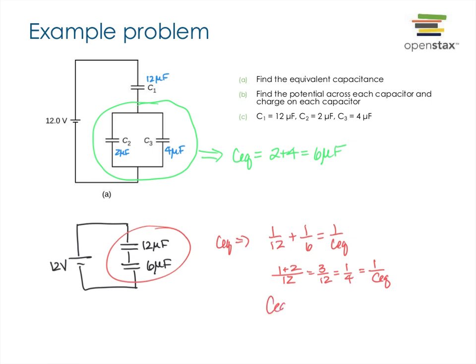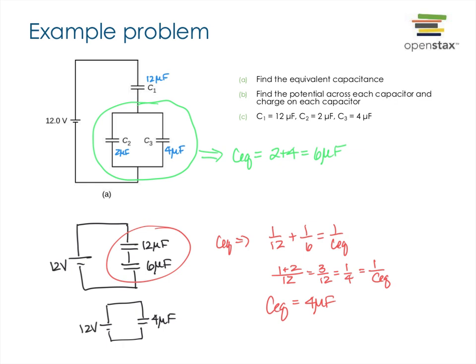So the equivalent here is just 4 microfarads. So my final result is the equivalent to all three of those is one capacitor of 4 microfarads attached to my 12-volt battery.